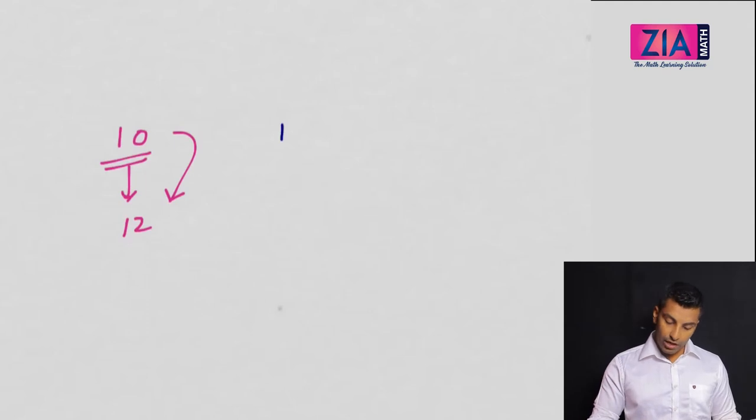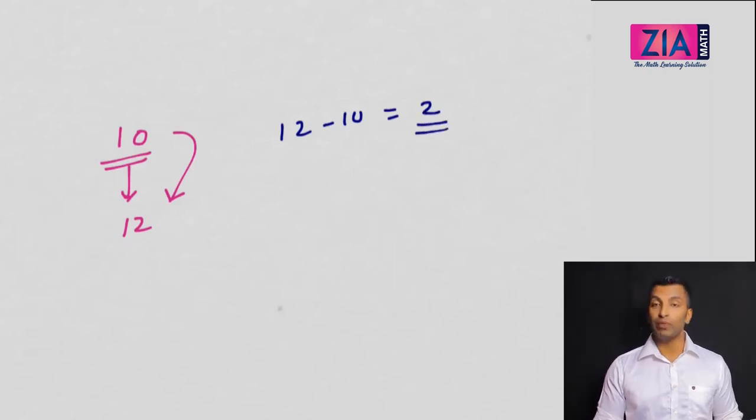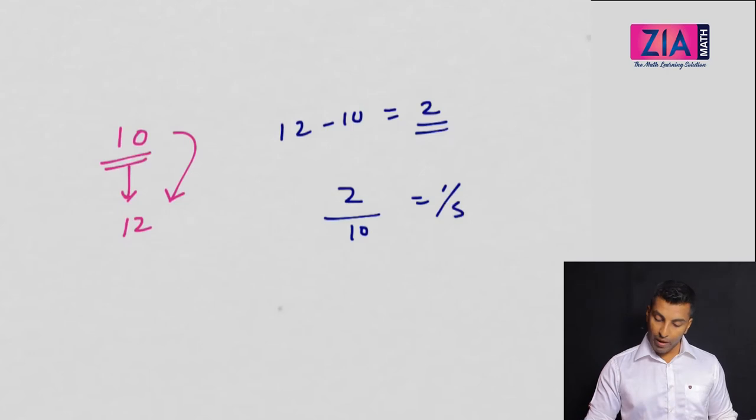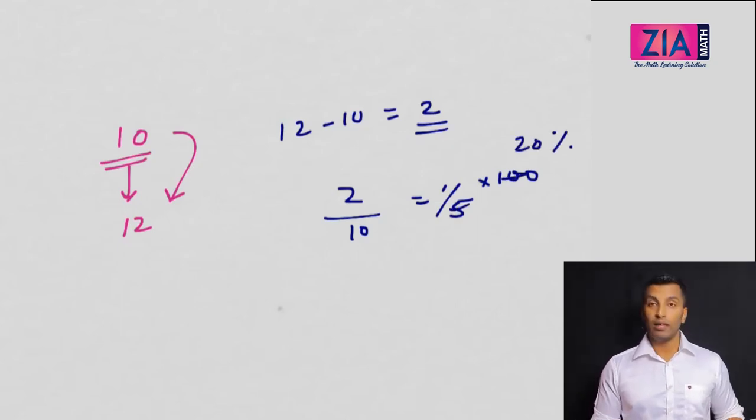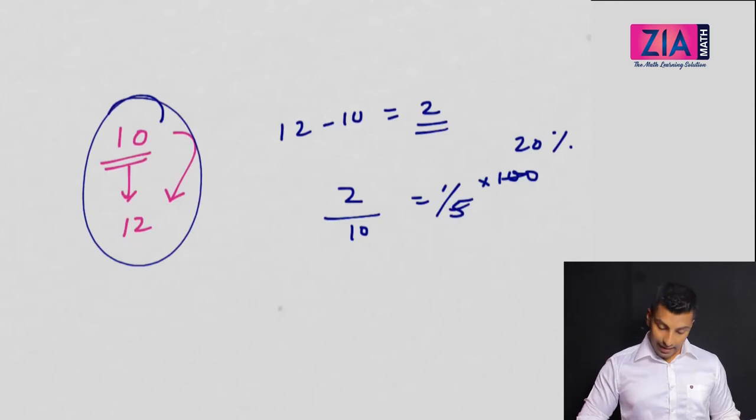Change means the new value minus the old value, 12 minus 10, so the change is 2. Now change divided by base, that means the old value, 10. So you get 2 by 10, that means 1 by 5. Now multiply by 100. This is how you calculate percentage. So this is 20 percentage. So from 10 to 12, I can say there is a 20 percentage increase.